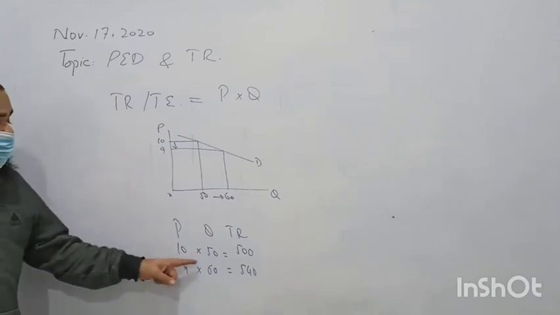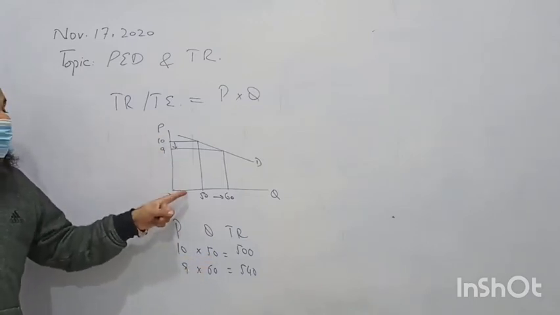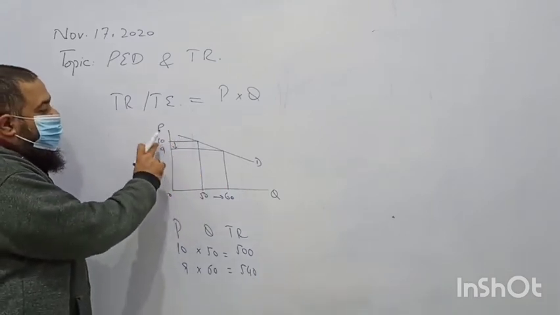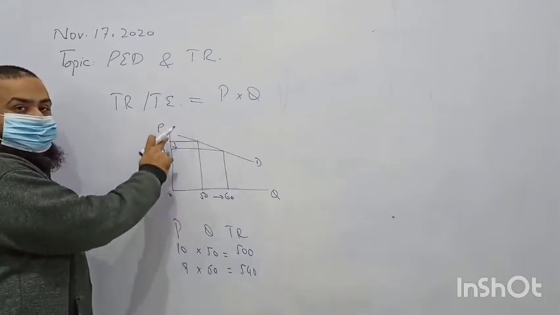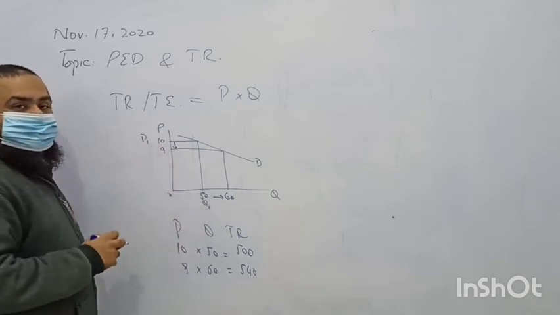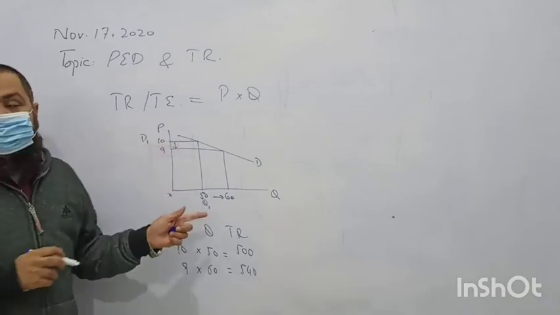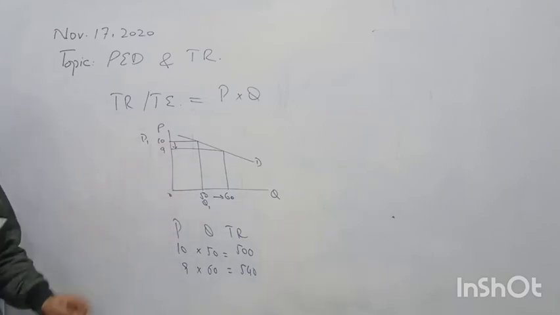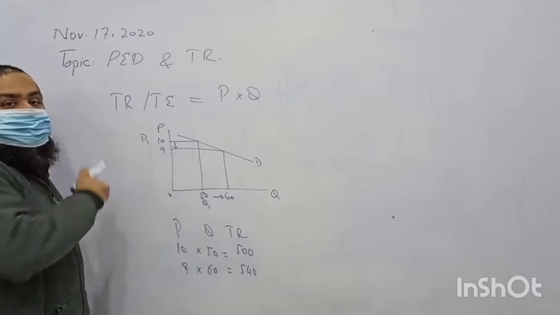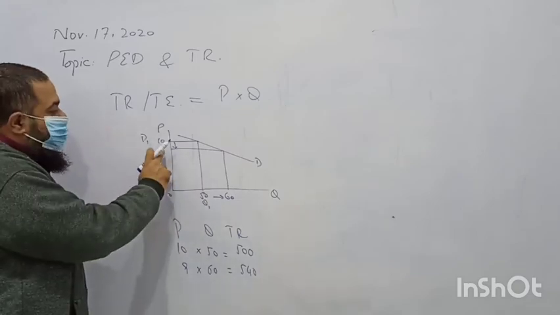What is happening to the revenue now? Due to the fall in price, revenue is increasing. If you look here, the rectangle, this is the first rectangle, price P1 and Q1, our first rectangle, the total revenue. After the change, the new rectangle.